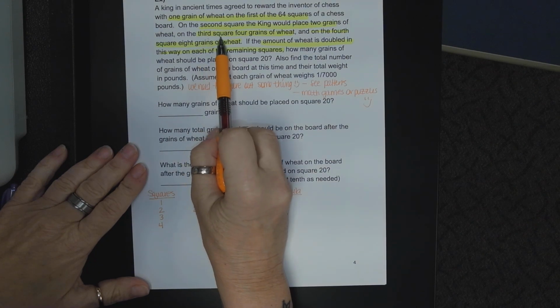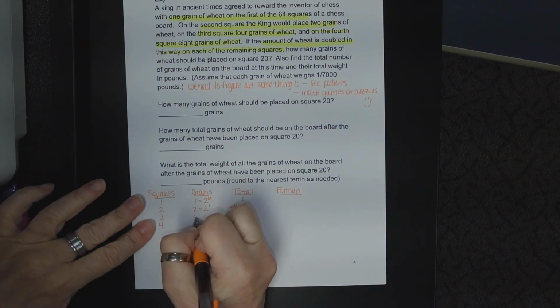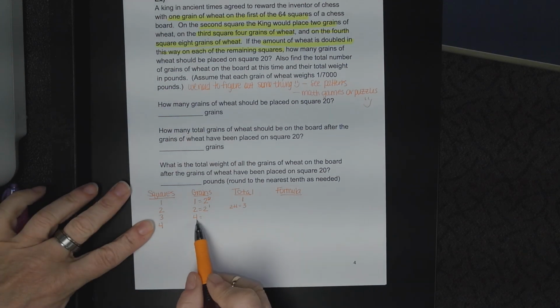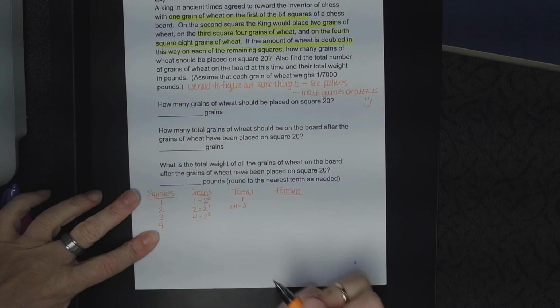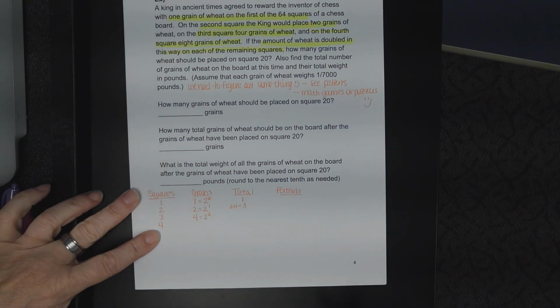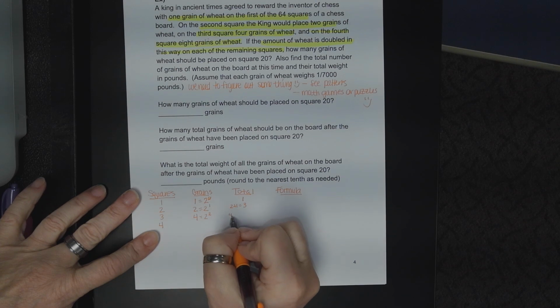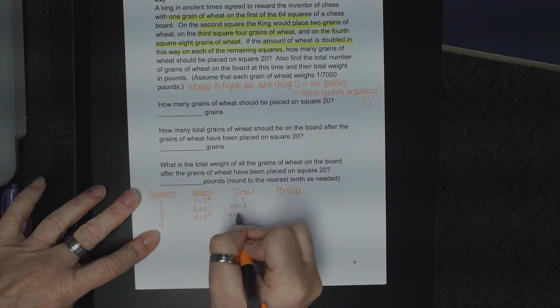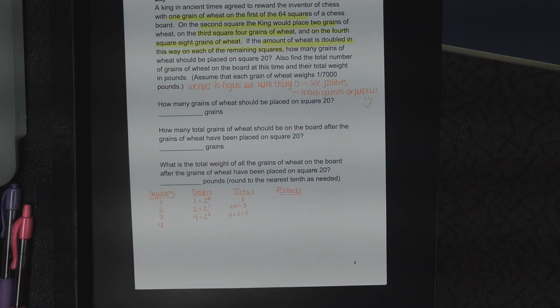Well, on the third square, he gave us 4 grains. 4 is 2 squared. Add 4 plus this 3. So now we have 7 total on the board.